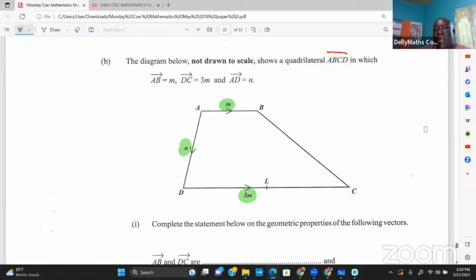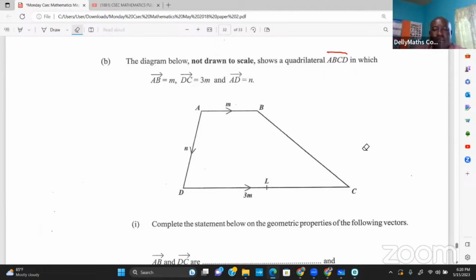Pay attention to the arrows, right? Remember we said with vectors, the arrows are so important. Look at this one. It's going down. This one is going that way. Make sure you take note, because the moment you realize that you're going to go opposite to that arrow, you change the sign, right?